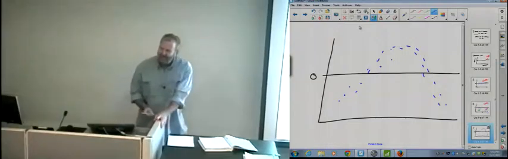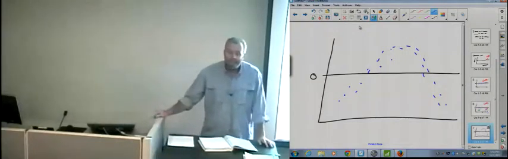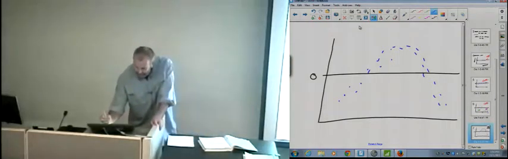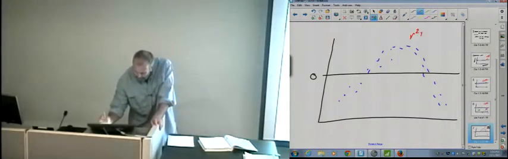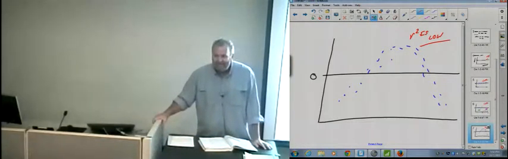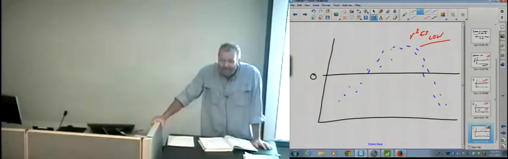Do you have any idea what you did? Now, I'm going to give you, obviously, again, what you did is you tried to fit a line to a pattern that was not linear. You tried to fit a line to a curve.